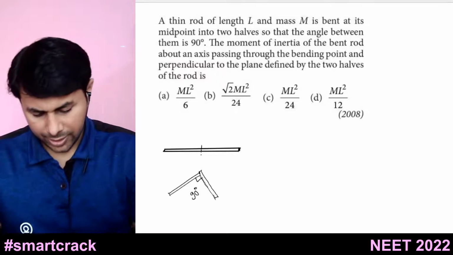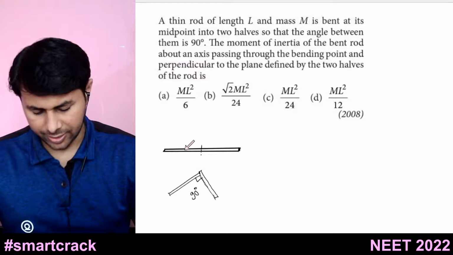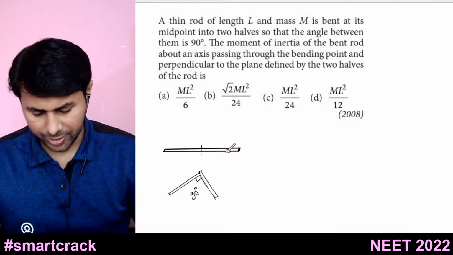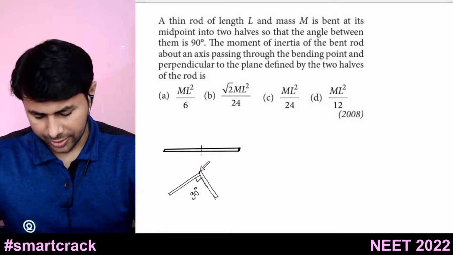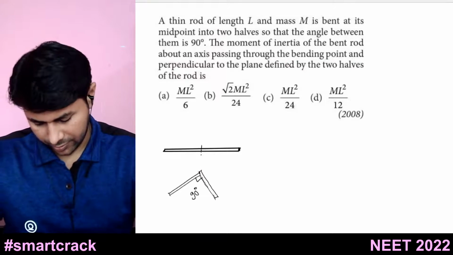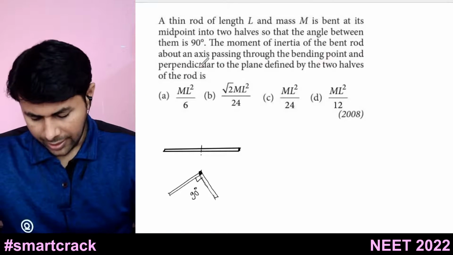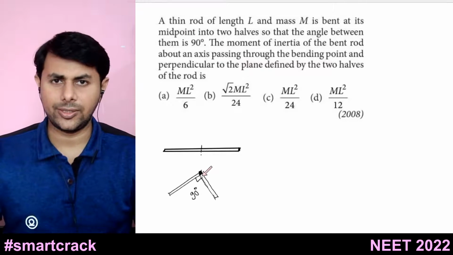So you want to find the moment of inertia of this bent rod about an axis passing through the bending point, about this point, and perpendicular to the plane. So the axis is perpendicular to this plane.